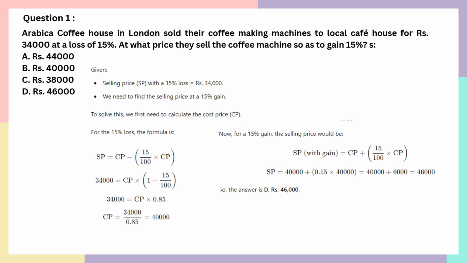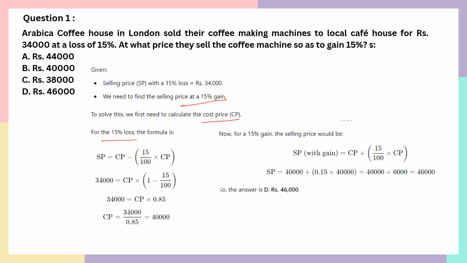So in the question it is given that the selling price with a 15% loss is 34,000, and in the second condition we have to calculate the selling price at a 15% gain. To solve this question, we first need to calculate the cost price. Cost price can be calculated using the first condition of a 15% loss. We all know the formula of selling price and cost price. Selling price is equal to cost price minus the percentage loss into the cost price.